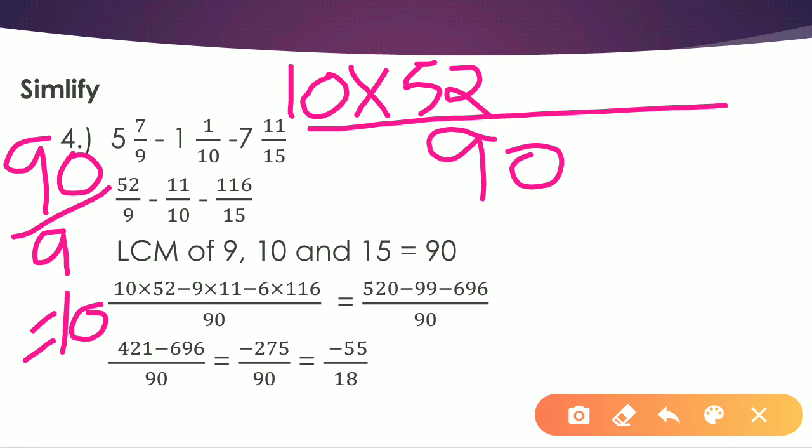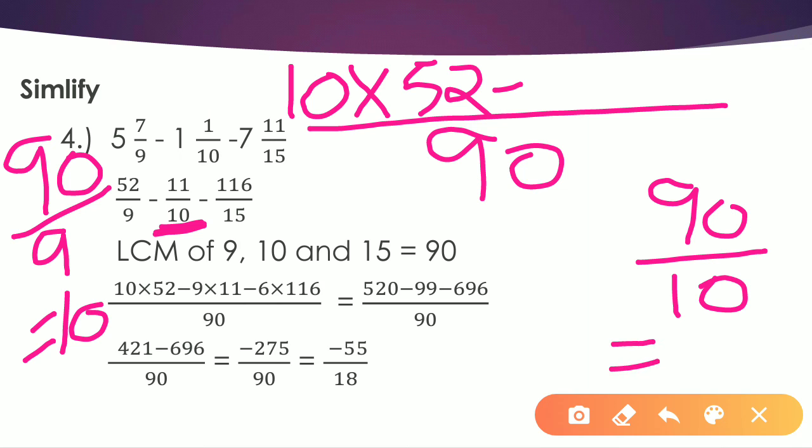After that, what is the sign? The sign is minus, so write here minus. Then write 90, the LCM, divided by the denominator of the second rational number, which is 10. This will give you 9. Now multiply this 9 with the numerator of the second rational number, which is 11. So 9 into 11.